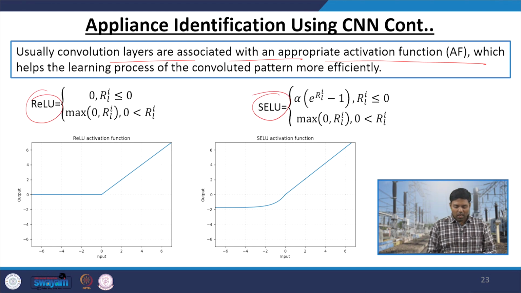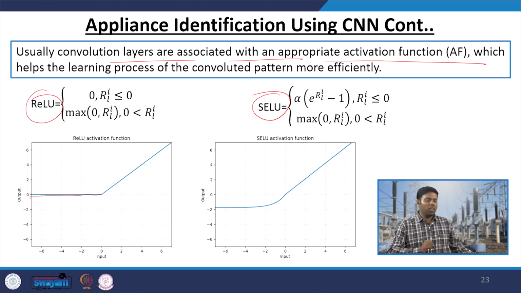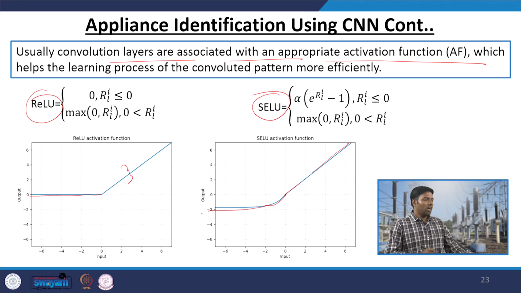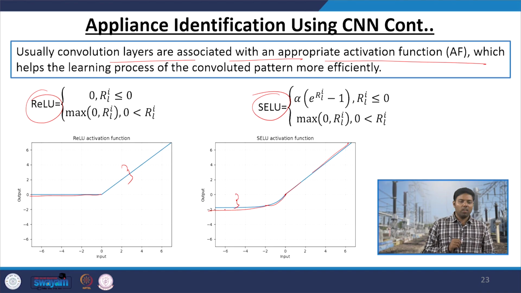What does ReLU do? ReLU nullifies all the data which are below 0 and only takes the positive values. SeLU says, okay, take the positive values, that is fine like ReLU, but you can slightly activate a slight amount of negative. Other than just throwing them out, you can use a little bit of negative data as well.